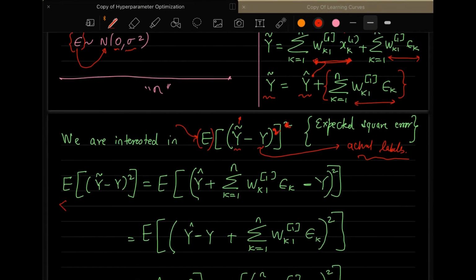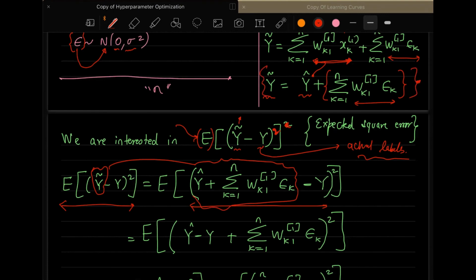So when you take the expectation of this particular expression, you just expand it by writing your y tilde, which is given over here, as y hat plus this. This we have already discussed over here. You can see we are putting this y tilde here.